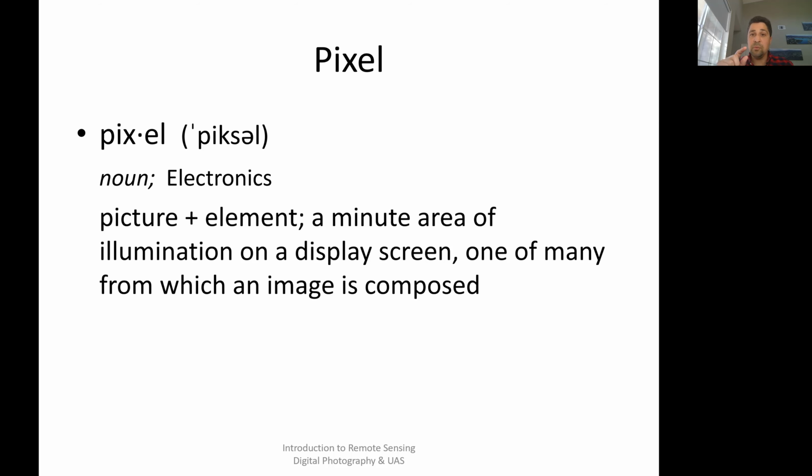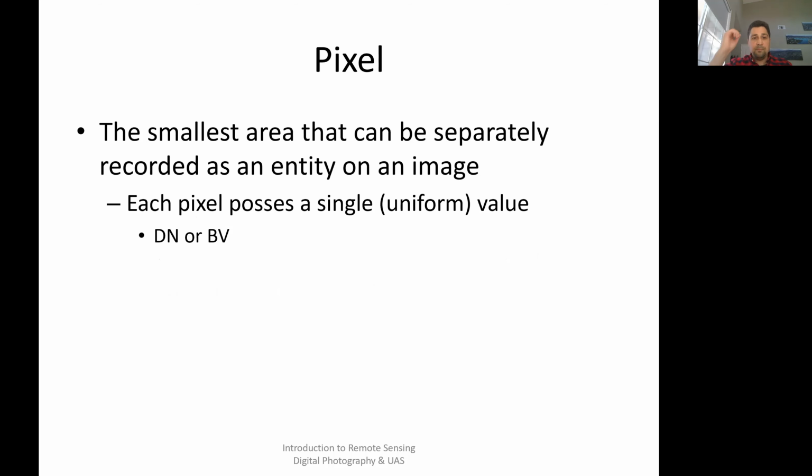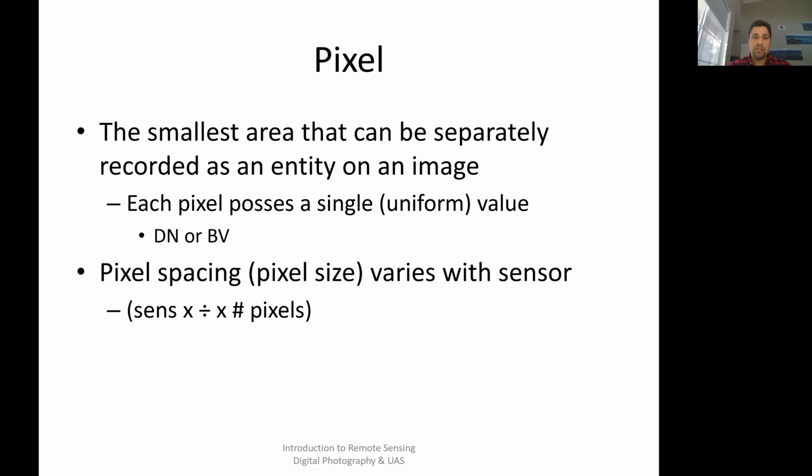So as we zoom in on an image, every one of those little squares, that's a pixel. Let's bring all these out here. So the smallest area that can be separated or recorded as an entity on an image, right? So that's what I mean. When you zoom in and you can see that little tiny square, that's a pixel. So that's the smallest thing that can be resolved.